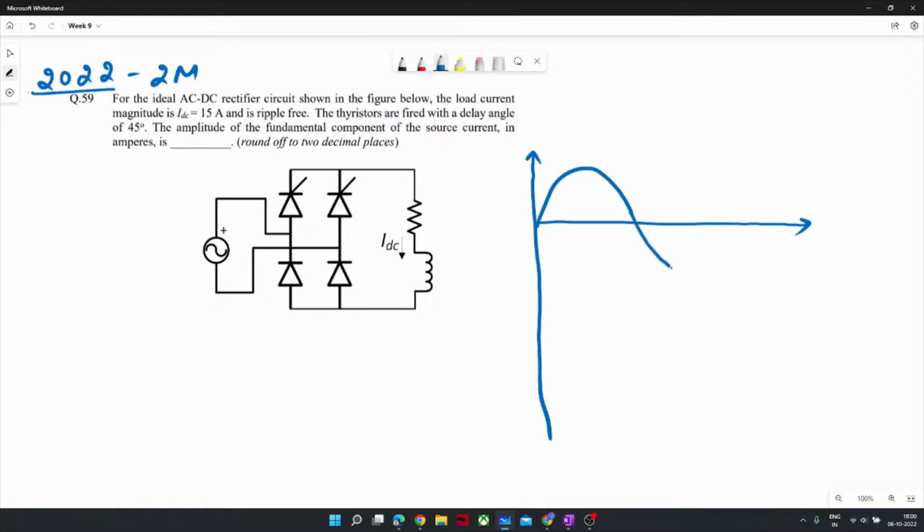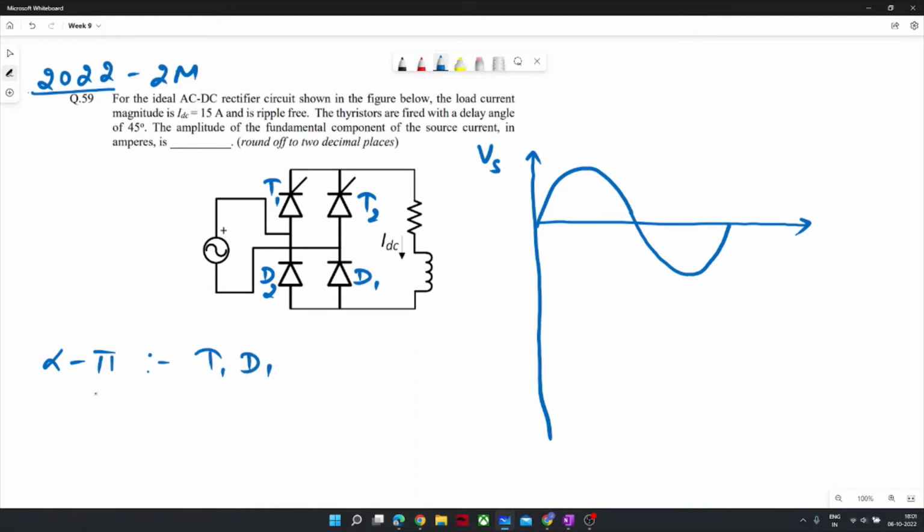Input sinusoidal signal is provided, Vs, and based on this, from alpha to pi, let us say T1, D1, T2, D2. So from alpha to pi, T1 and D1 will conduct.